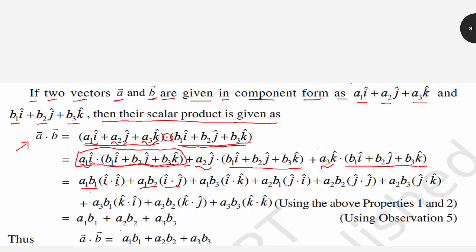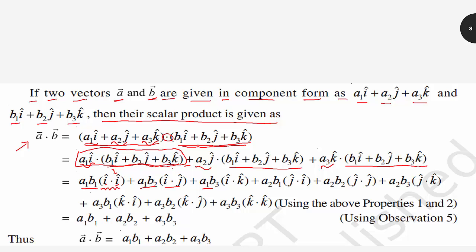Next, a1 into b3, i cap dot k cap. Clear? Next, the same thing. a2 into b1, j cap dot i cap, a2 b2 j cap dot j cap, a2 b3 j cap dot k cap. That thing they are going to multiply. But first, see here, we have already seen i cap dot i cap is 1.